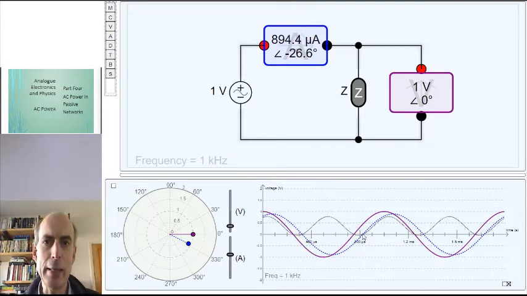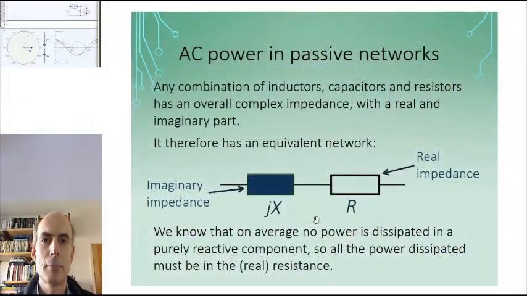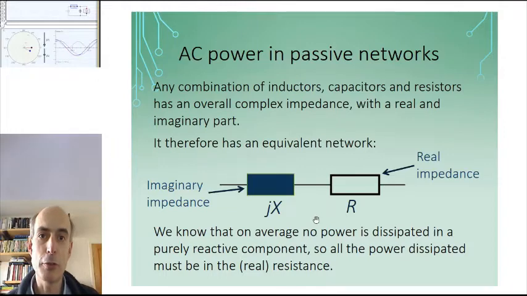How can we calculate how much current is being pushed back into the circuit and how much current on average is being dissipated? Well, the trick to that is to represent the complex impedance of this general component as a real part plus an imaginary part. You could always express the complex impedance of a component as a real part and an imaginary part.